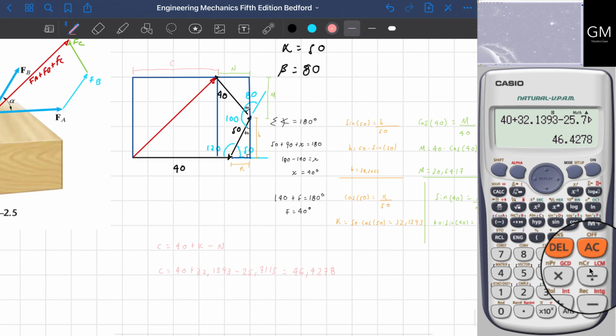I already have the length of this and the length of this.